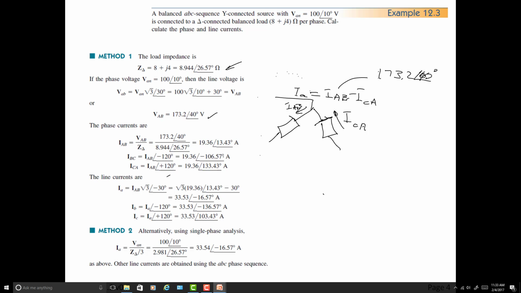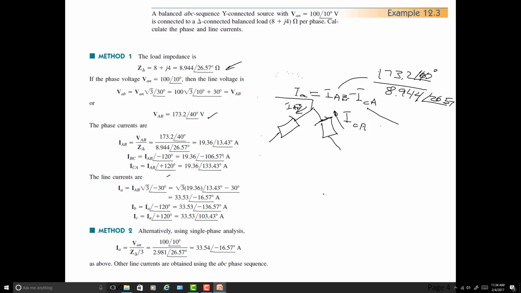And we're going to divide it by Z, which is our 8.944 at an angle of 26.57, right? Finds each of those currents.